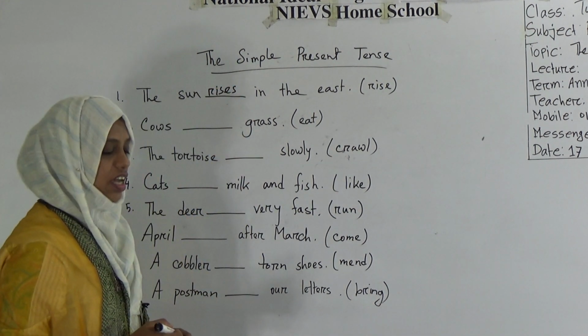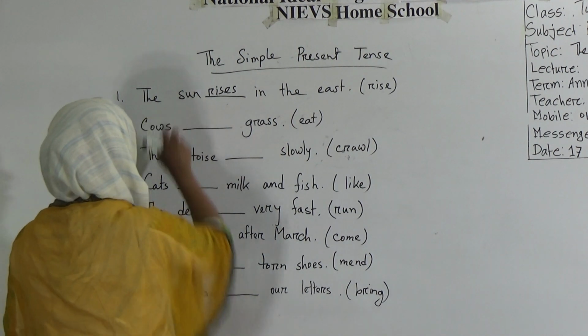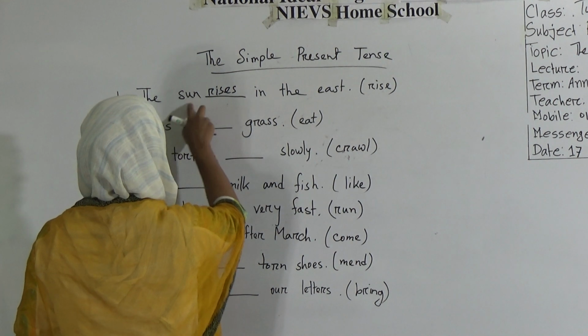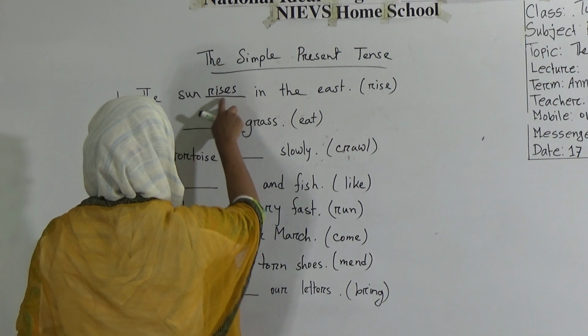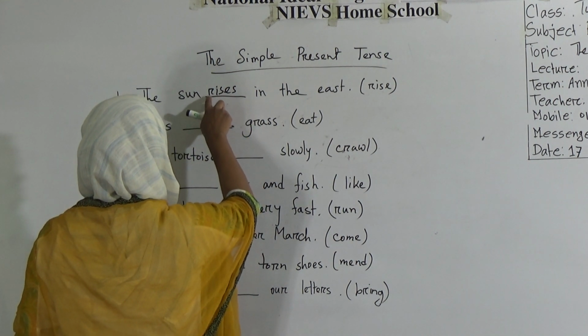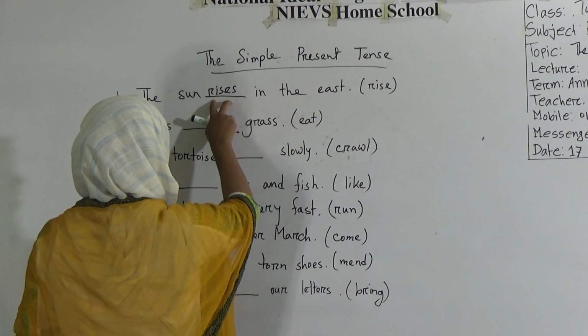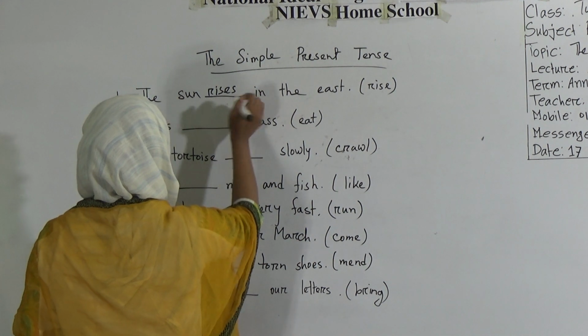The sun rises. When we get a third person singular noun, our verb will be changed and we will add s or es after the main verb.